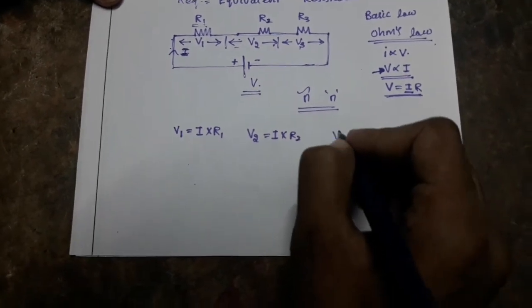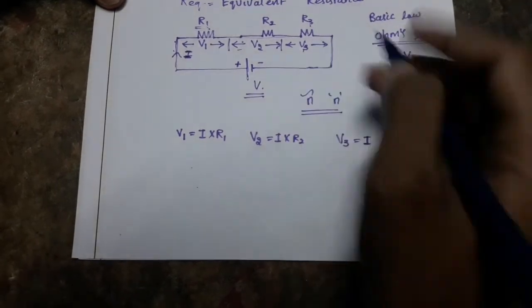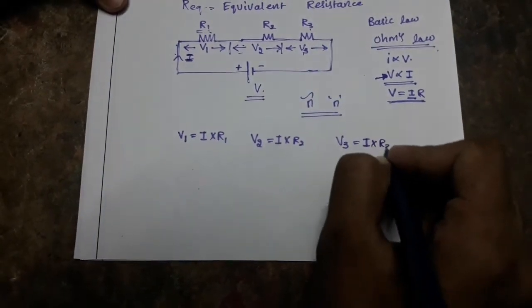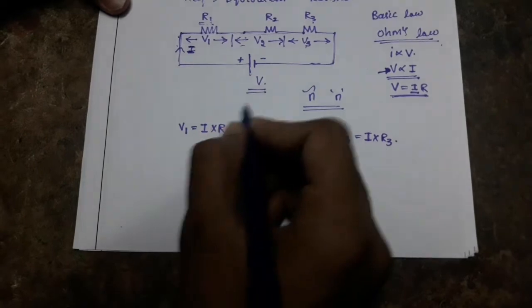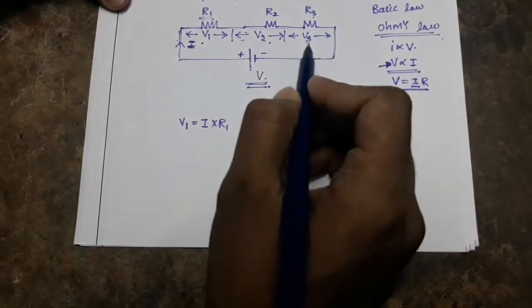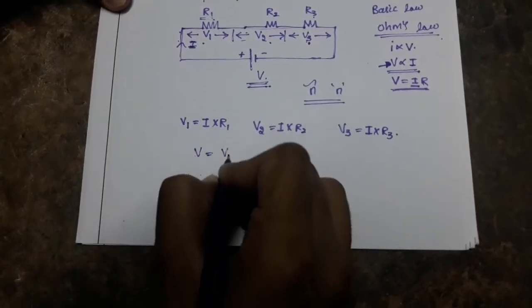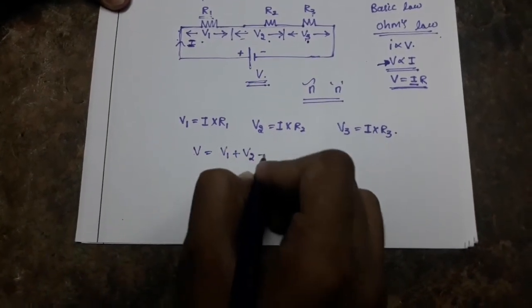For V3, current flowing through R3 into R3. This applied voltage is equivalent to the sum of the voltage drops, that is V equal to V1 plus V2 plus V3.